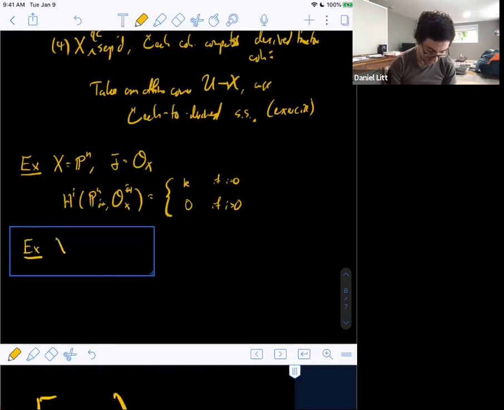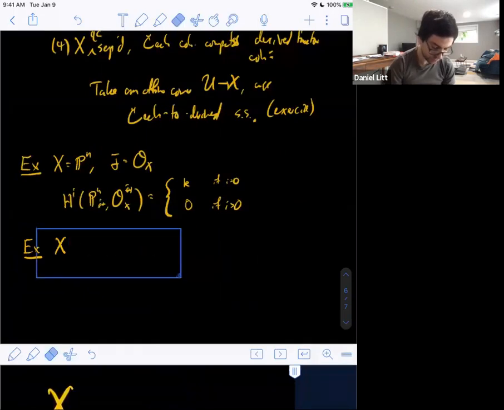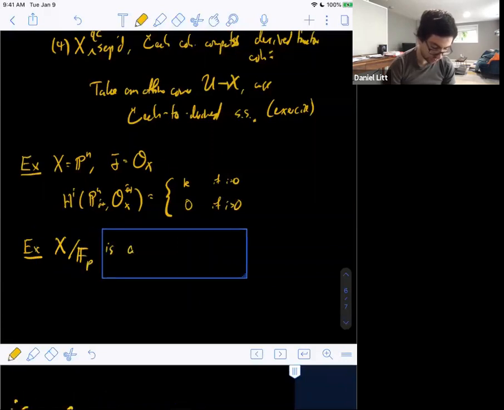So suppose X is a scheme in characteristic p. Maybe let me make it a scheme over F_p, and let's just assume it's quasi-projective, so we can apply the previous theorem.